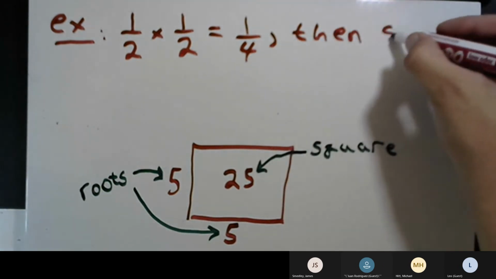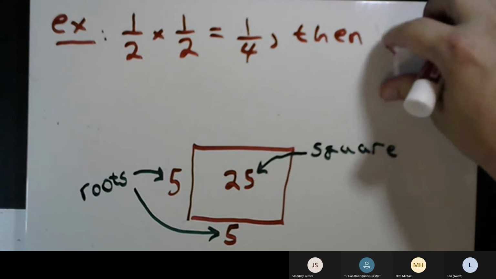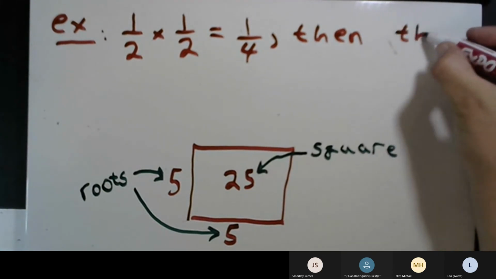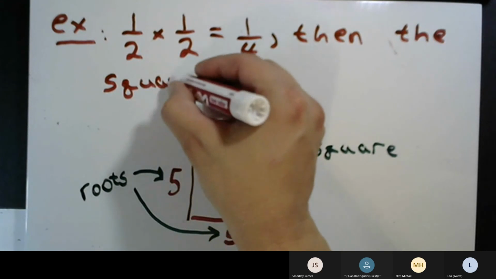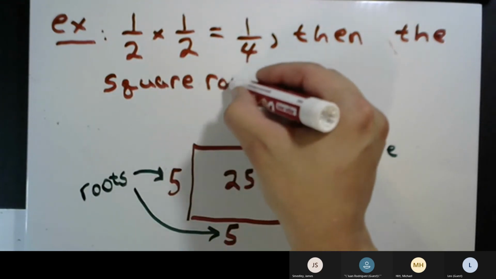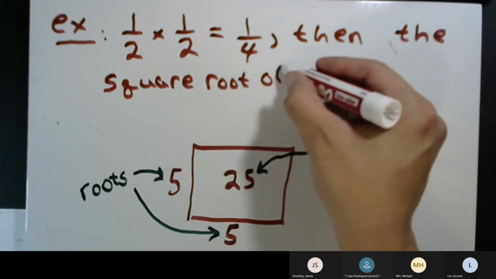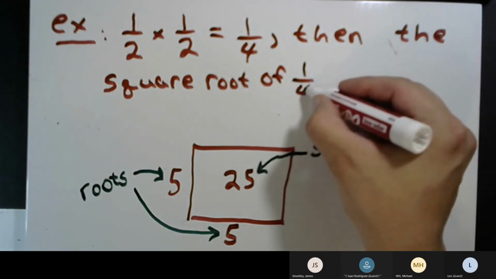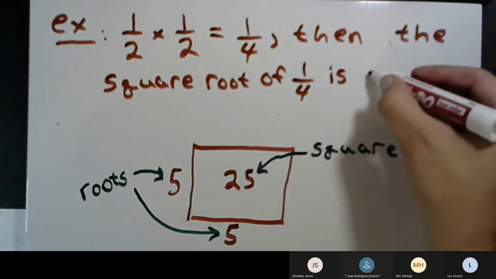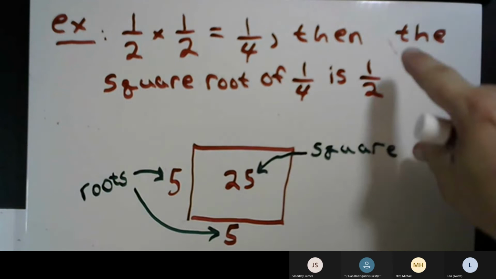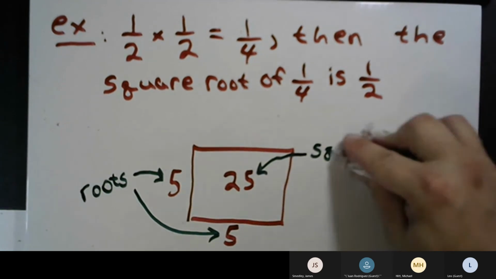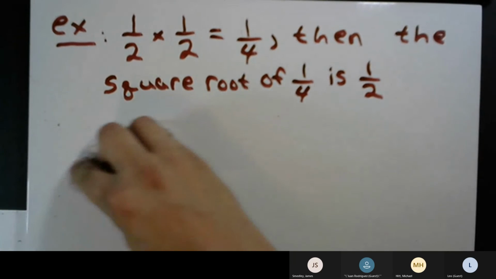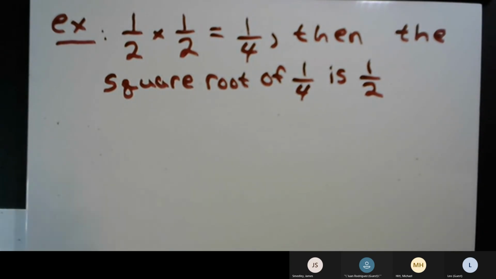Then the square root of 1/4 is 1/2. Now this becomes a little tedious, I'll admit. You have to write this all the time.